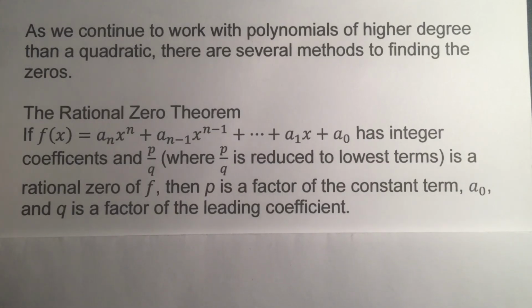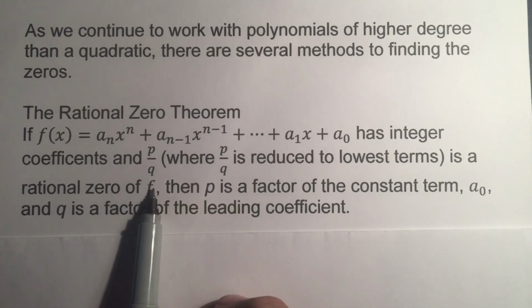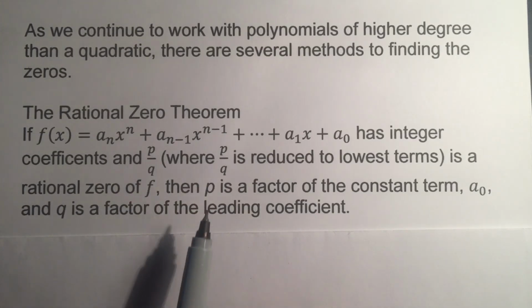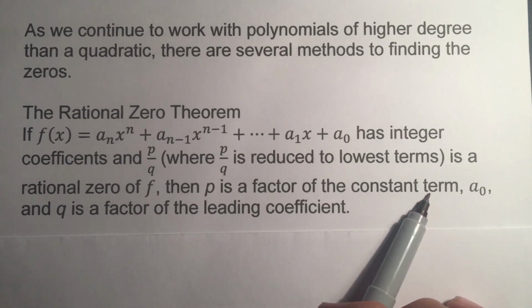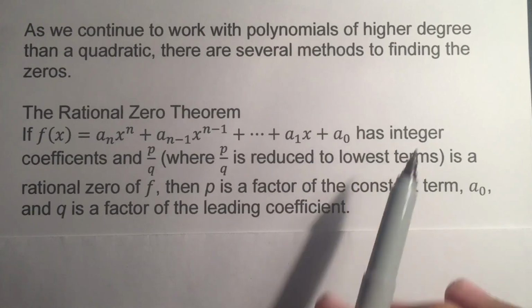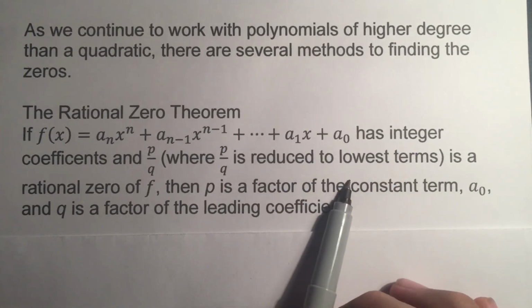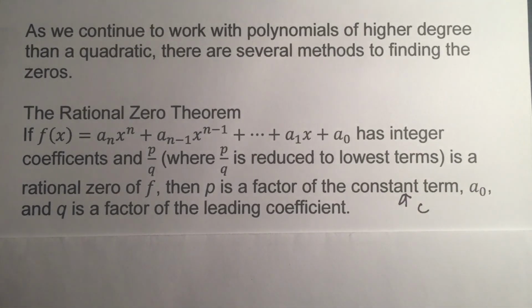So first off, we have our rational zero theorem. What this allows us to do is find what zeros are possible. We're going to use P over Q here. P is the factors of the constant term, whatever factors our constant could have. Let's call it C, for constant, to make it simple.